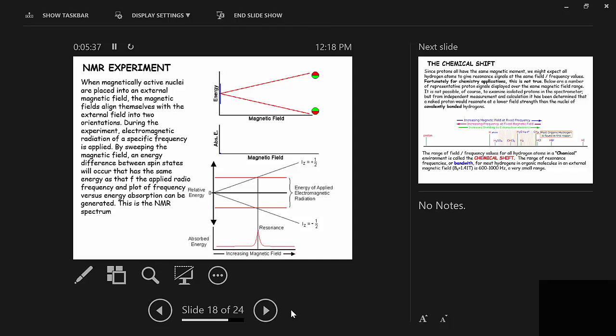In MRI, they don't want a homogeneous magnet. They want a non-homogeneous magnet that has a gradient like this. So when you go into an MRI, one end has a smaller field, the other end has a bigger field. And so all the hydrogens in water are going to resonate at a different frequency depending on the field strength.